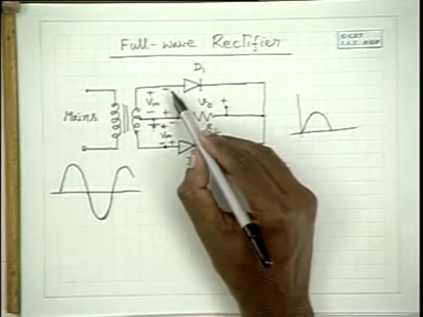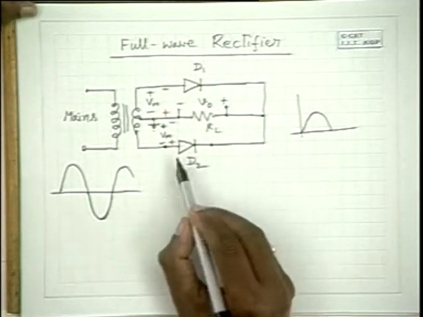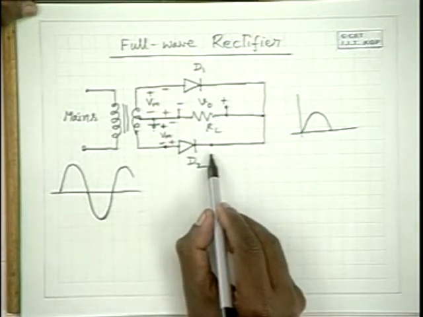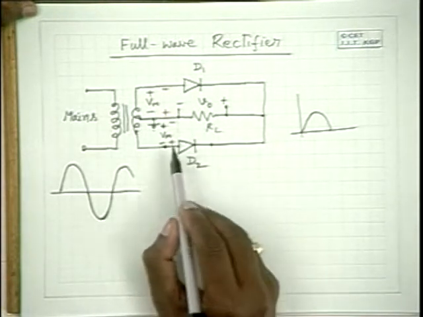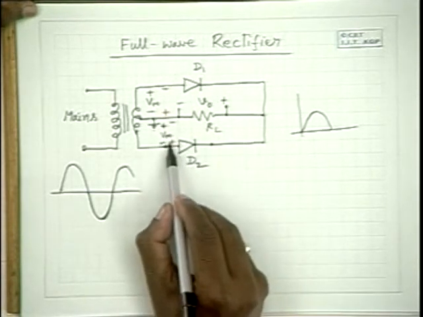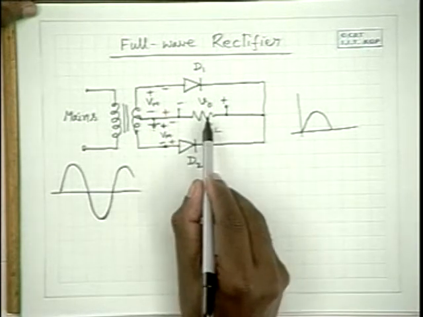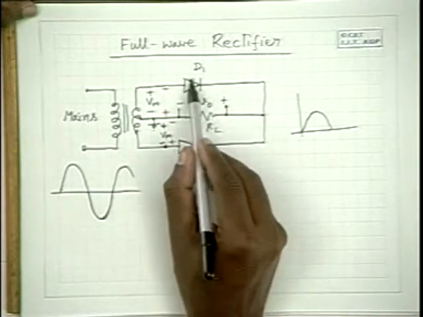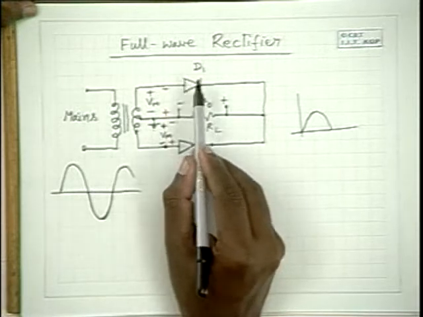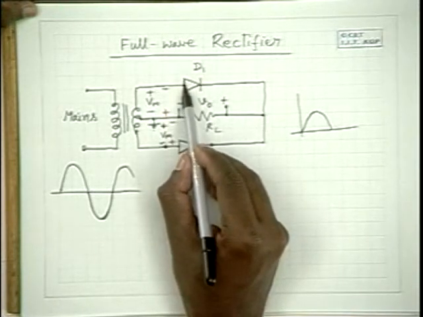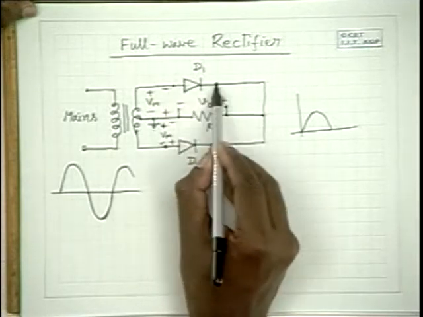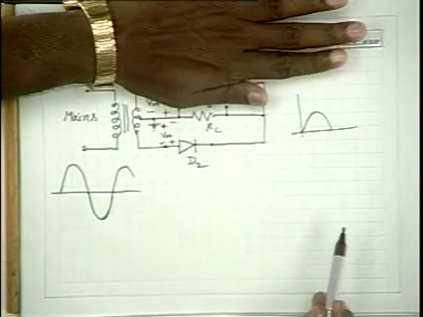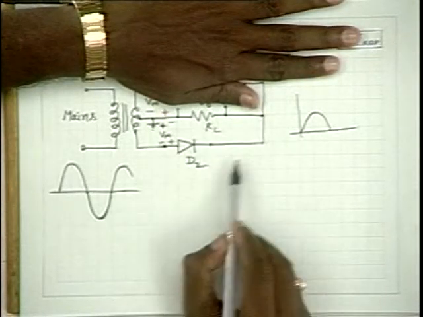Then D1 is reverse biased and D2 is forward biased. Therefore, D2 conducts and transfers this voltage to the load, and D1 is off, it doesn't conduct almost, and as a result it is like an open circuit. Therefore, what is applicable is only this lower half of the circuit.